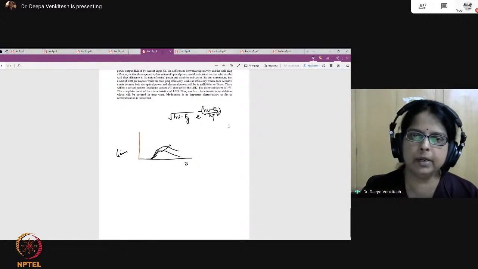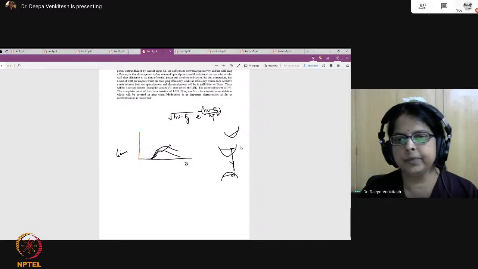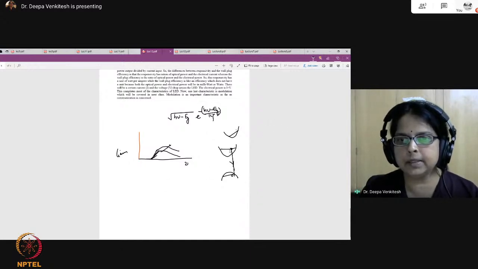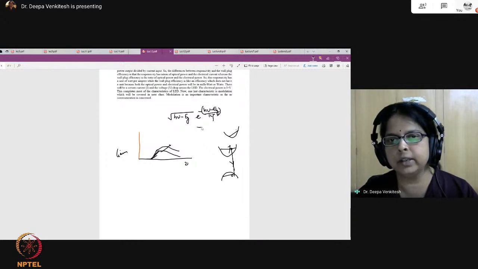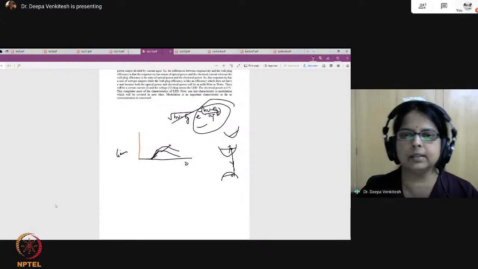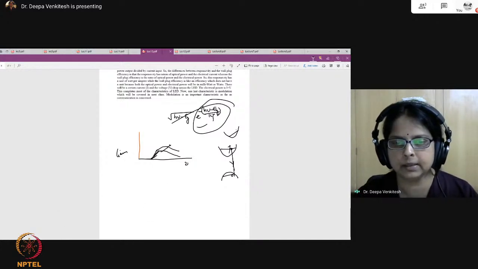The probability that you have an electron in the valence band and a hole in the conduction band, so that you can have a transition like this. So as temperature increases, the electrons start getting more and more energy, so they start shifting up, and that's the reason why you're seeing this effect. So it's primarily because of this quantity. Hope that answers the question.